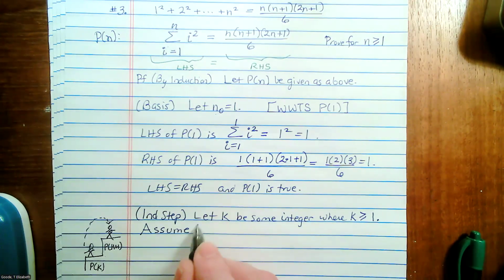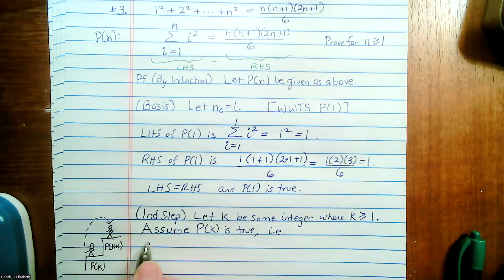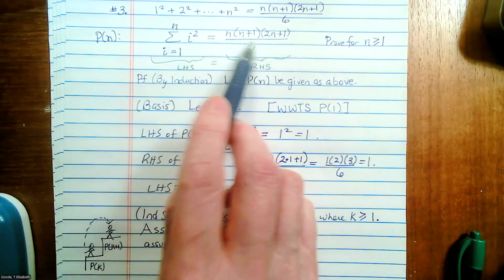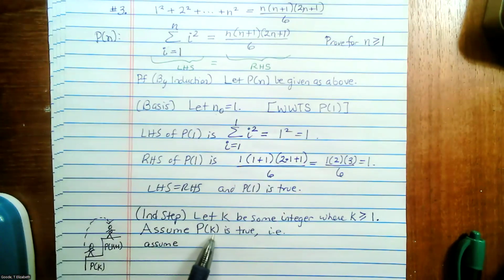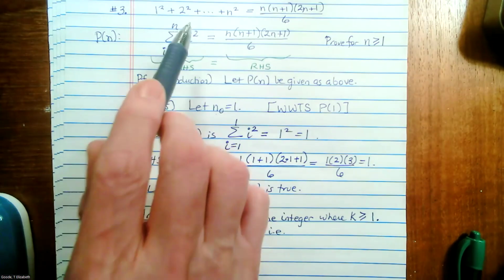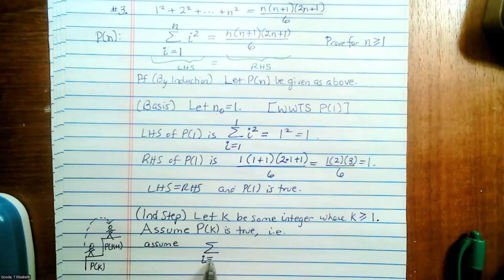Okay, so we assume P of k is true. This is our inductive hypothesis, i.e., let's write exactly what we're assuming. I'm going to write it with summation notation. So n is now k. Our argument is k. So it's the sum from i equals 1 to k of still i squared. That's our left-hand side of P of k.